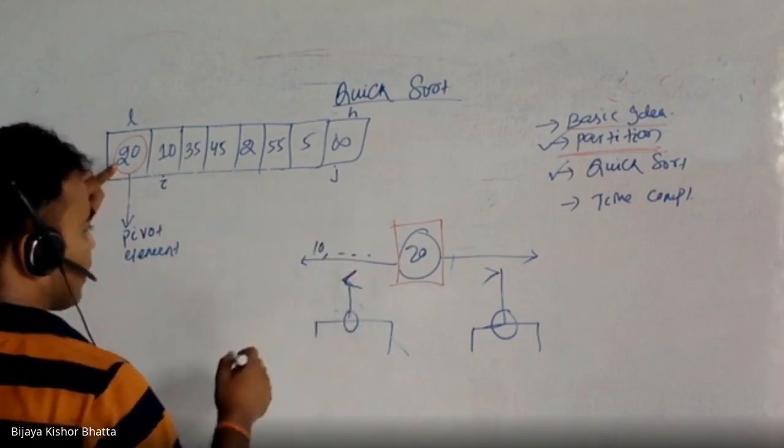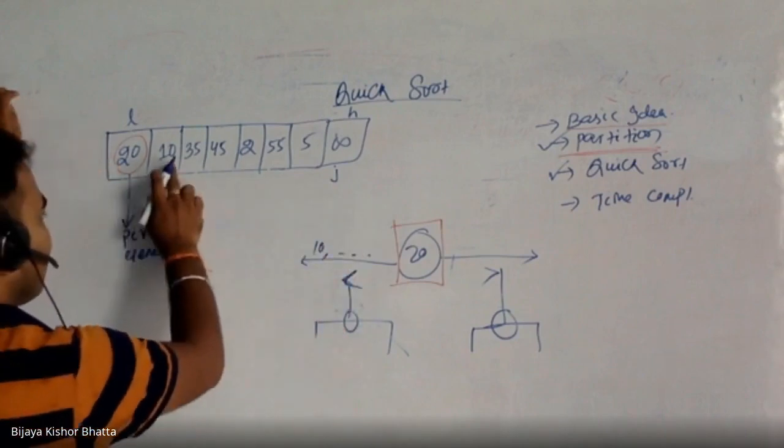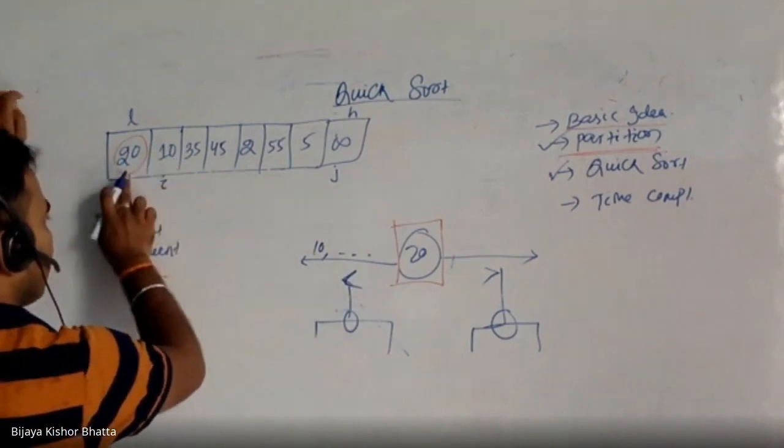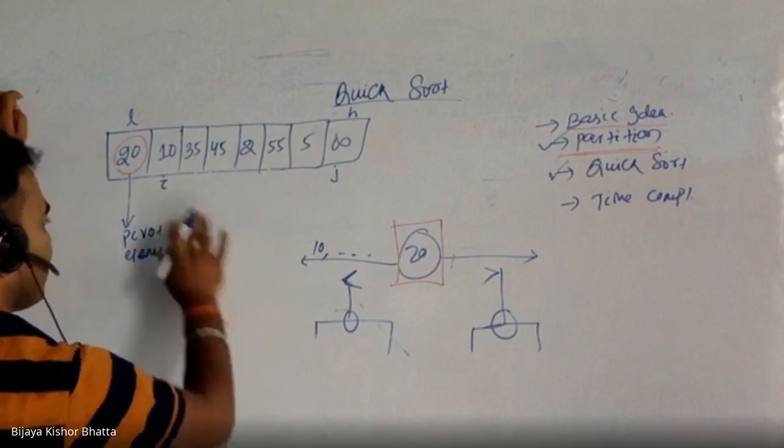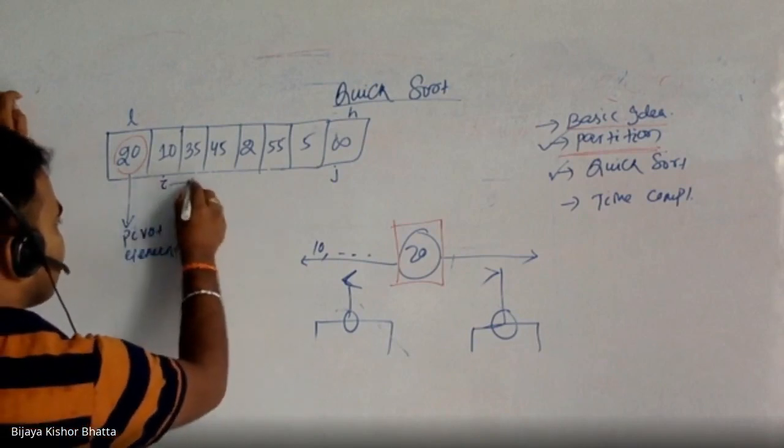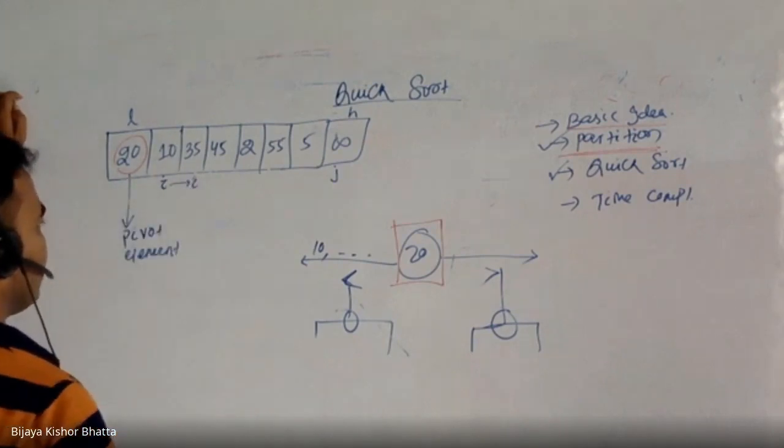So if I have a number lesser than 20, just increment I.